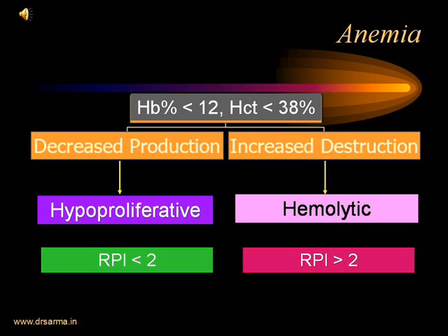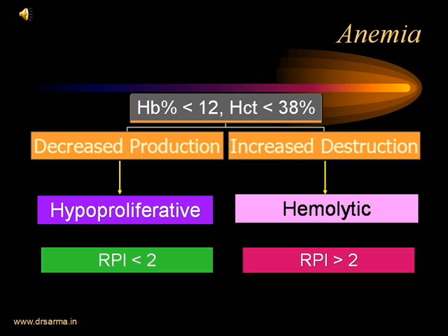Okay. So, any patient of anemia can be either hypoproliferative anemia or hemolytic anemia or hemorrhagic anemia. Hemorrhagic anemias are a different group. We already know by clinical picture and by our investigations whether the patient has got acute or chronic, overt or covert blood loss.